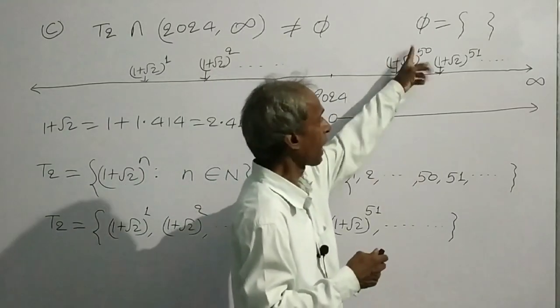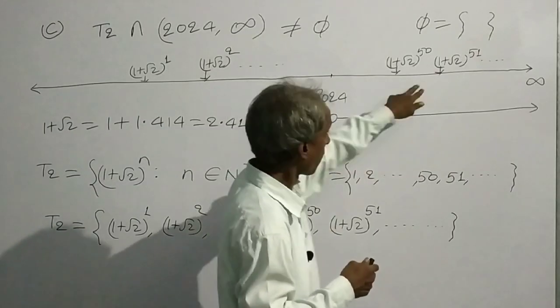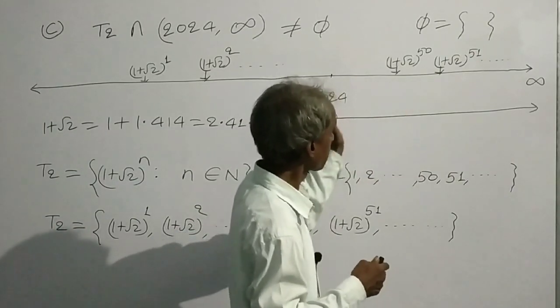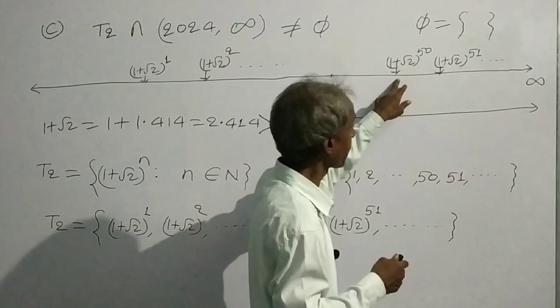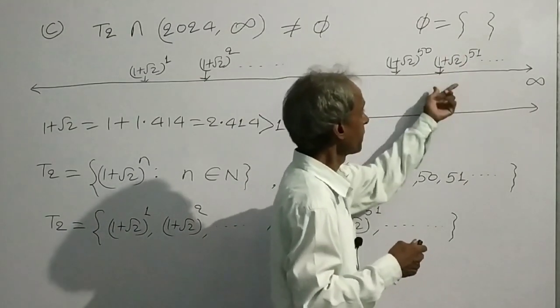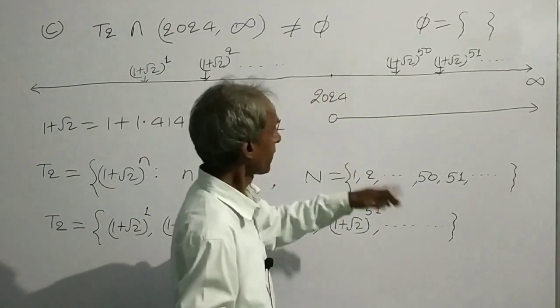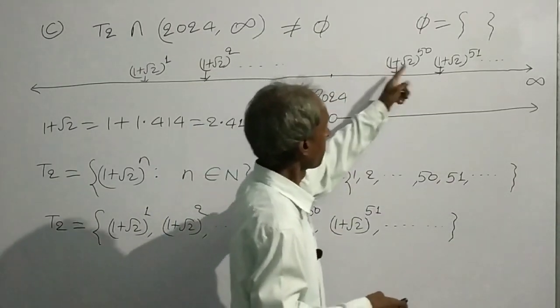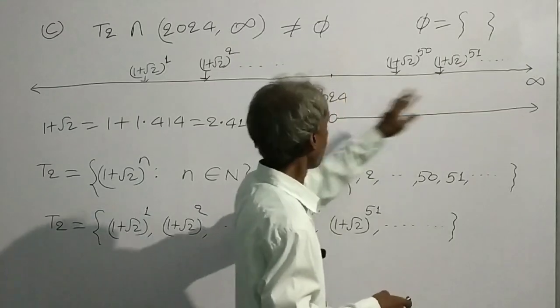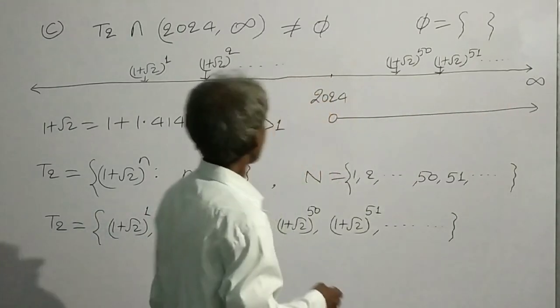When we put power 50, this number will clearly be greater than this, that means it lies on the right hand side on the number line. Power 51 will also be on the right hand side. That means these numbers are greater than 2024.